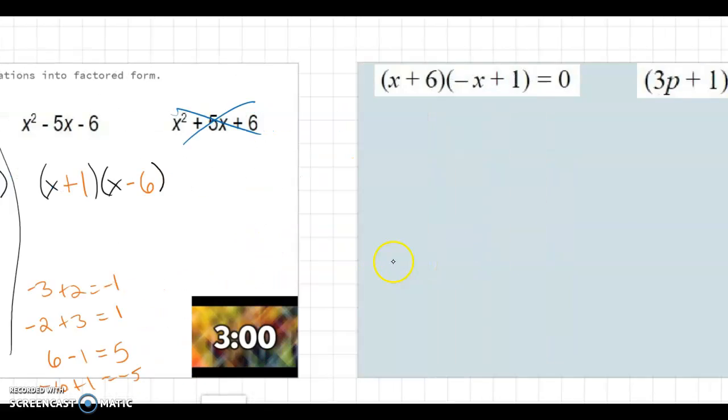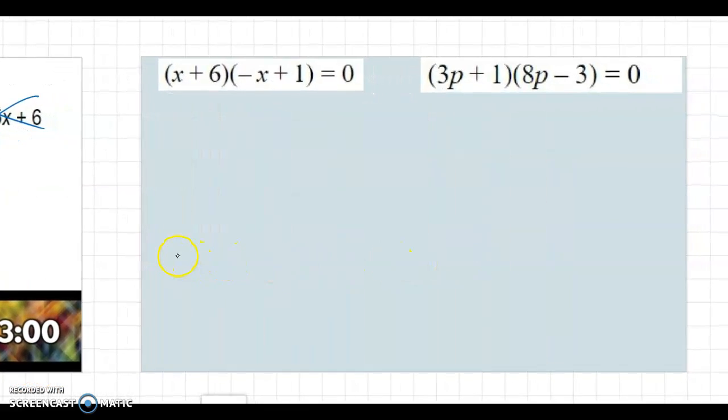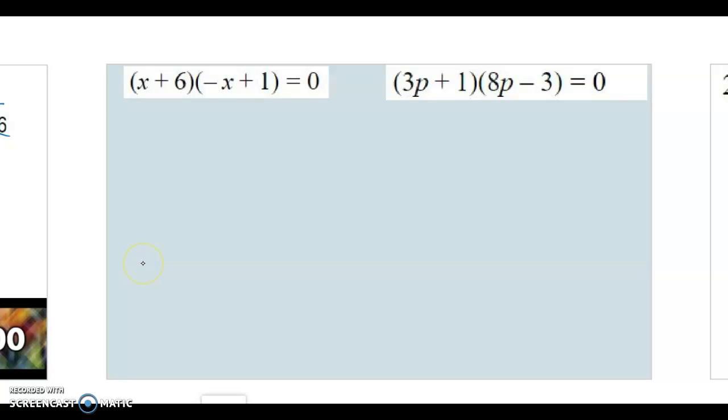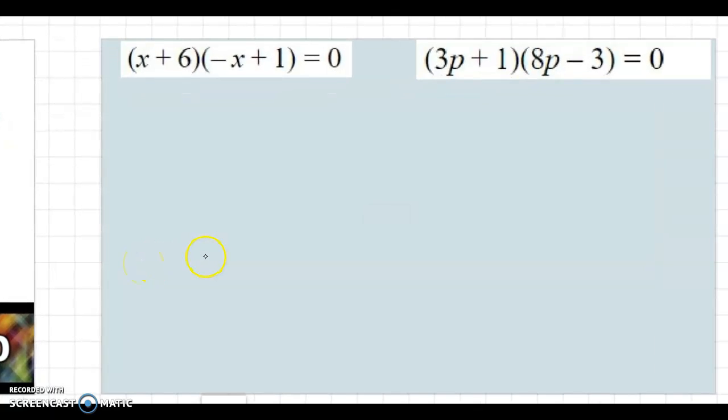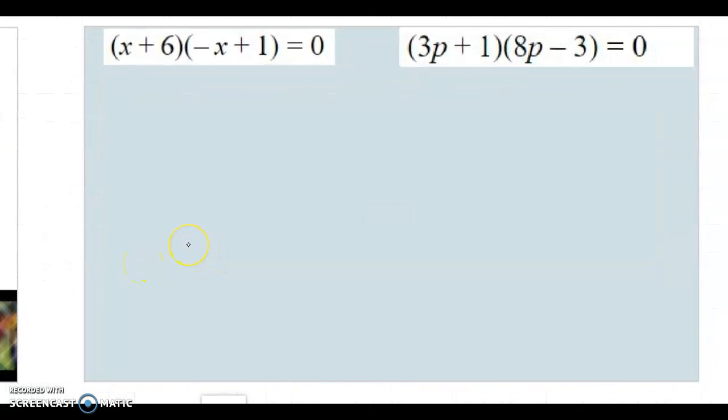Today again we're practicing the zero product property, meaning figuring out and setting each part of these equations equal to 0. So I'm going to take this parenthesis, set it equal to 0. I'm going to take this set of parentheses and set it equal to 0.